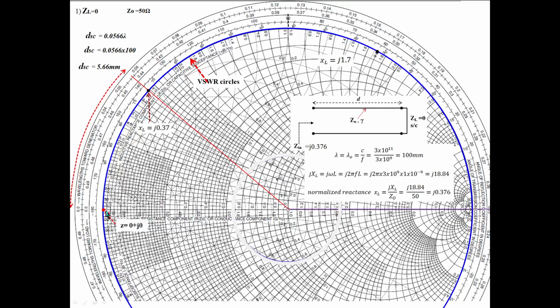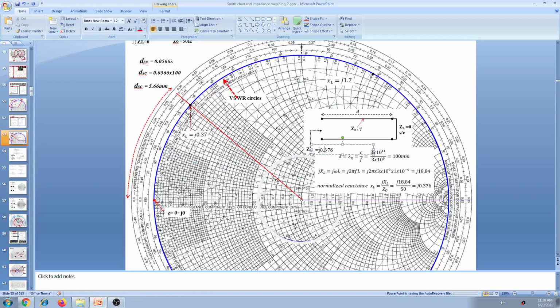The length of the line will be different based on the inductor or capacitor values, and we can get that from here. So this is implementing inductors and capacitors using a stub.